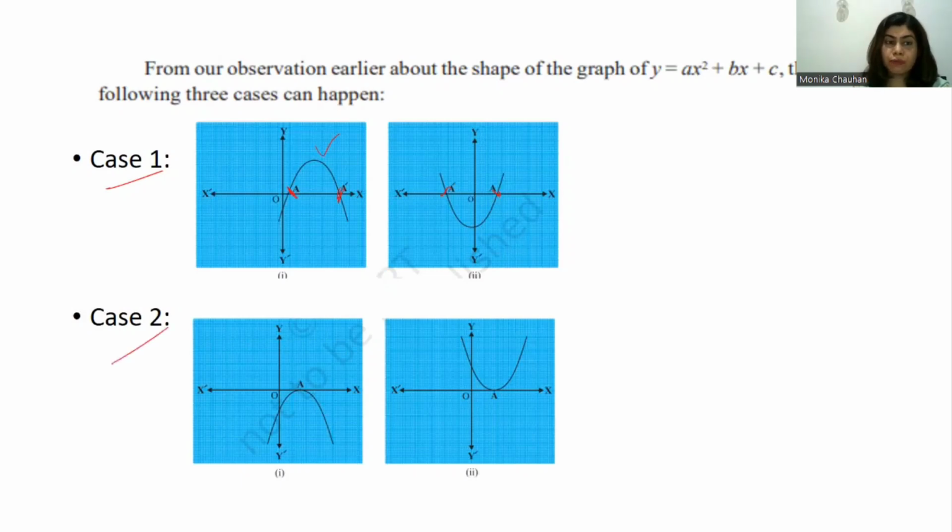Now you have case 2. In case 2, sometimes it touches at exactly 1 point, A and A dash. Do you know what it means? It means that your two coordinates are coinciding with each other. When you say A and A dash, you have taken these 2 points, so they actually coincide to become 1 point.